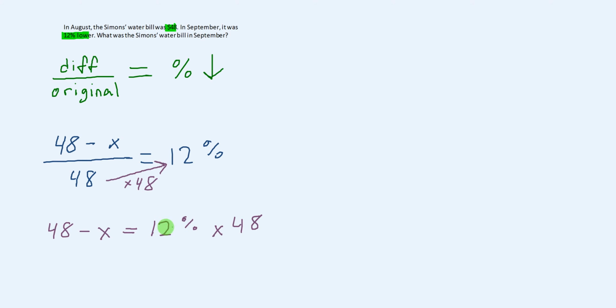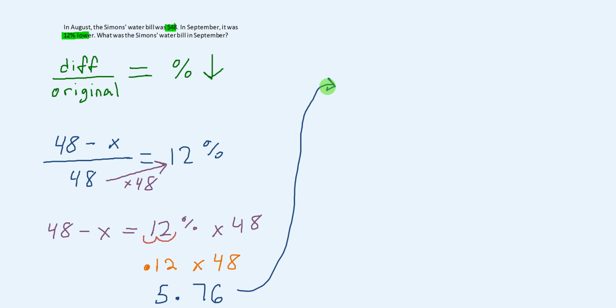In order to multiply 12% times 48, let's turn this value into a decimal. I'm going to move the decimal 2 places over to the left. 1, 2. So we have 0.12 times 48. 0.12 times 48 is 5.76.